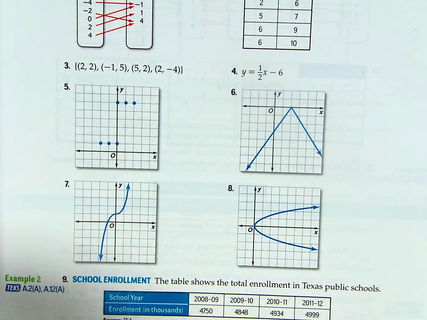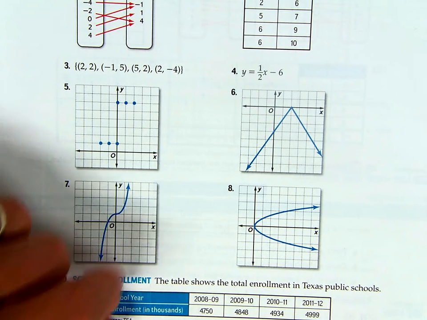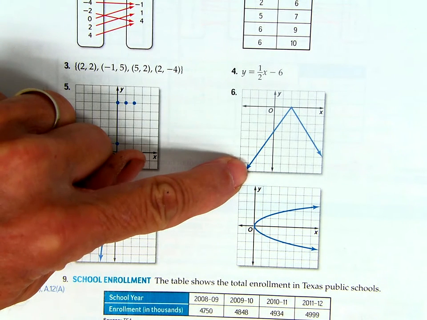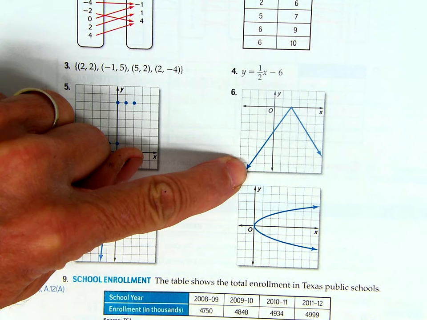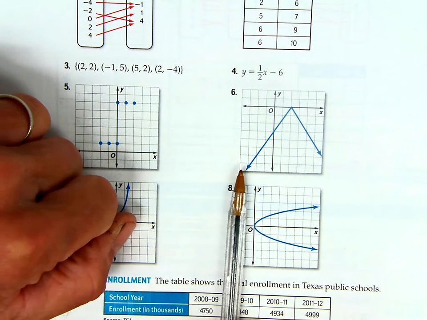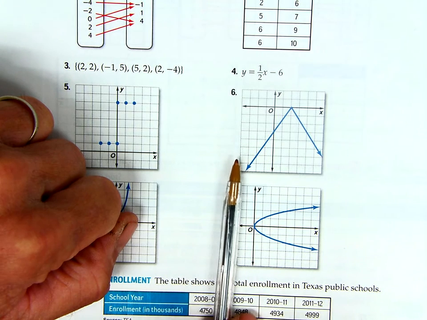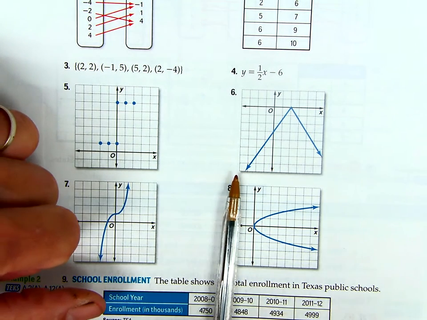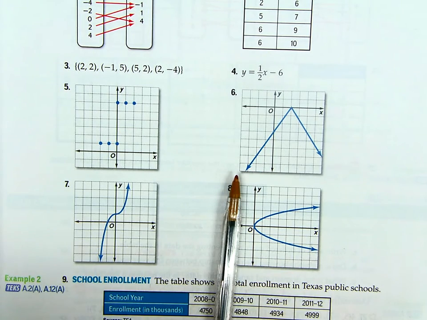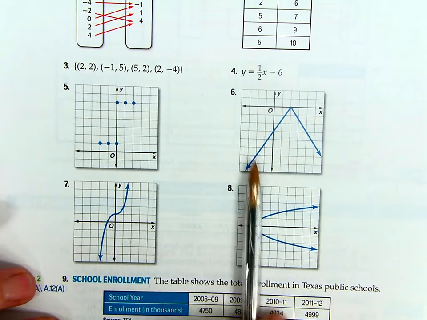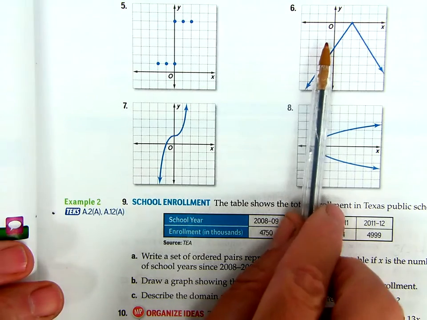Now, would it still be a function if there were a dot here instead of an arrow? What if I drew my vertical line right here? Yeah, it could touch 0 places. It can touch once for each vertical line. But it can't touch more than once. So yes, passes the vertical line test.